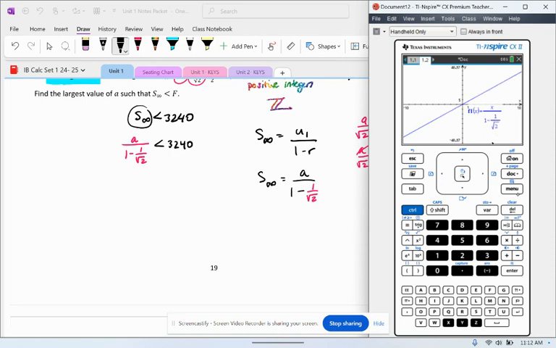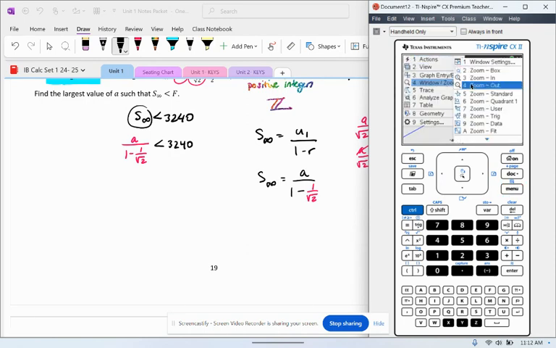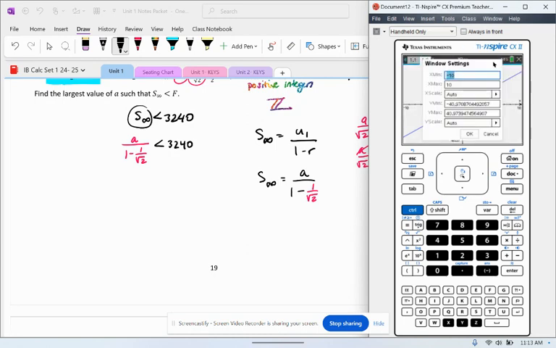Oh, see, not even helpful. Let's adjust our window here. We're going to go to 1 for window settings. Let's have it start at 0 and go up to, I don't know, 1,000. And then we're going to start our infinite sum at 0 and go all the way up to 3,240, but with a little bit of a buffer so we can see where this infinite sum crosses the 3,240.